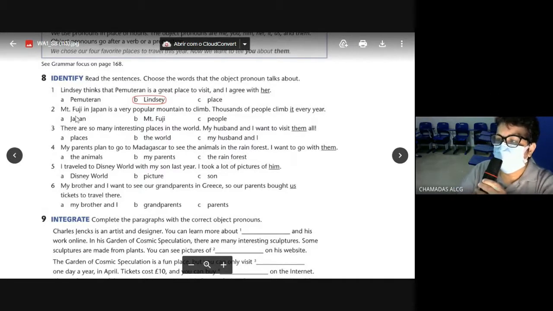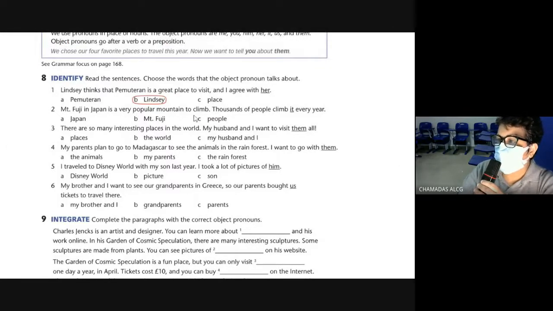Mount Fuji is in Japan. Mount Fuji in Japan is a very popular mountain to climb. Thousands of people climb it every year.